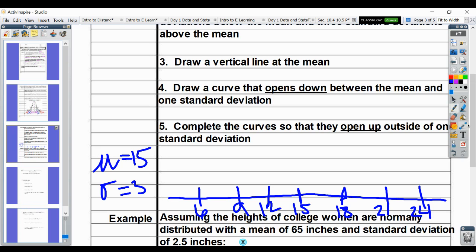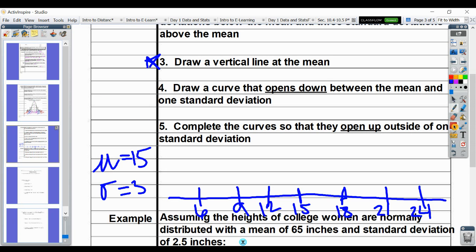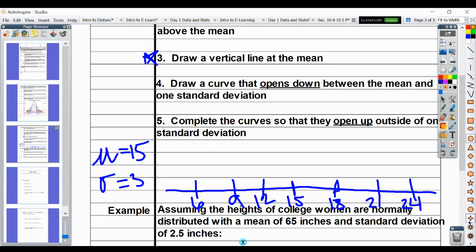Okay. So then the next part, step 3. Draw a vertical line at the mean. Just like so.